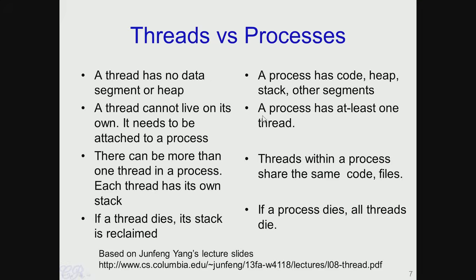Another difference is that a process is itself a complete entity. You could consider it as having a single thread, that is a single execution context, and it could survive on its own. On the other hand, a thread cannot live on its own. It needs to be attached to a process.